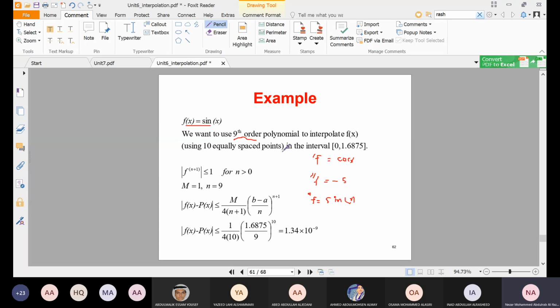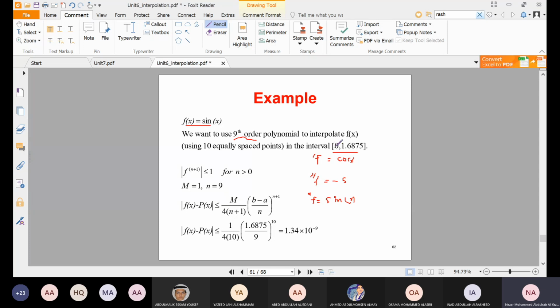So the question here is to find the error at this interval. The first step is to find the maximum absolute value. When you substitute x by 0, we will get 0.